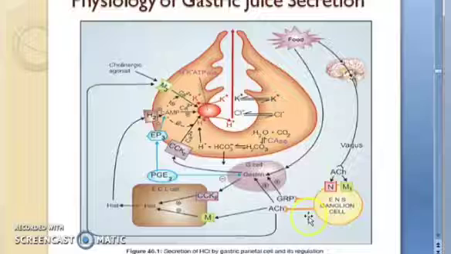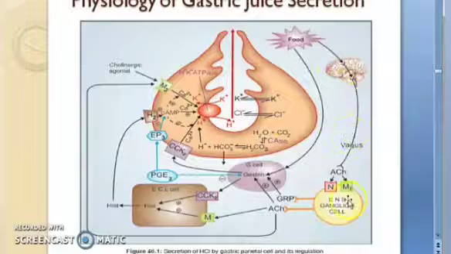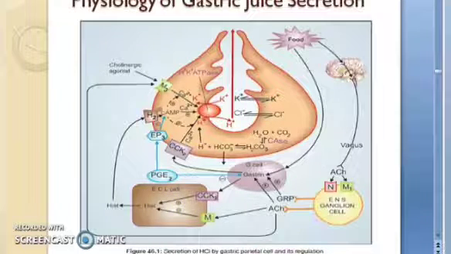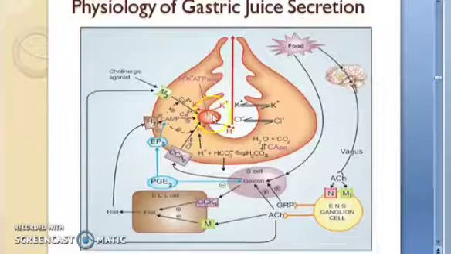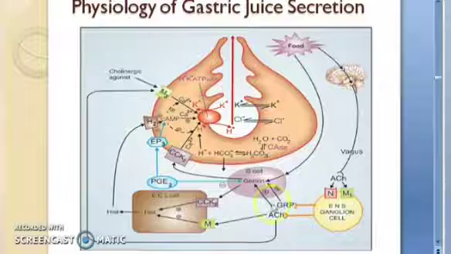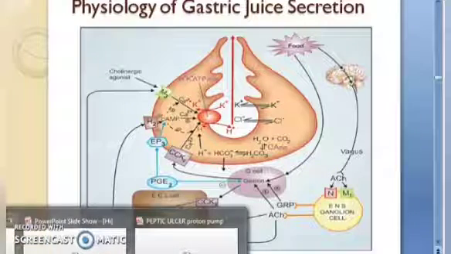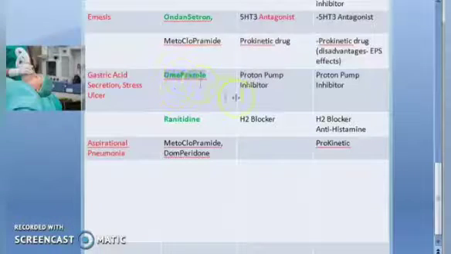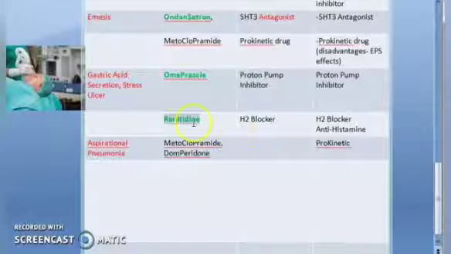So ranitidine and all are very one type of action like histamine only. But if you look at proton pump inhibitors, in the last level, they will stop acid production. So they are very, very effective. Okay. So omeprazole, ranitidine.